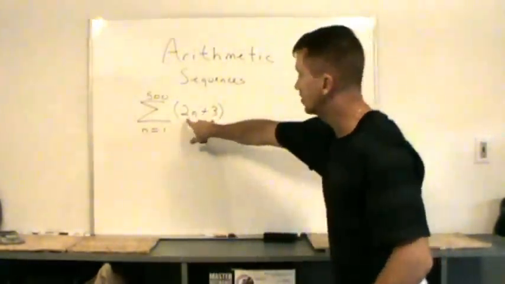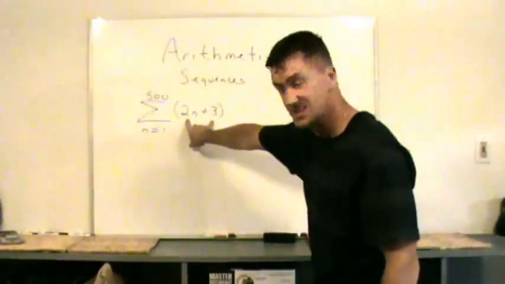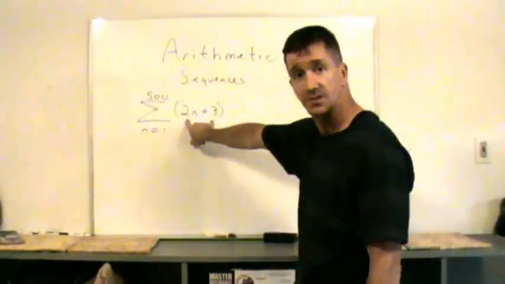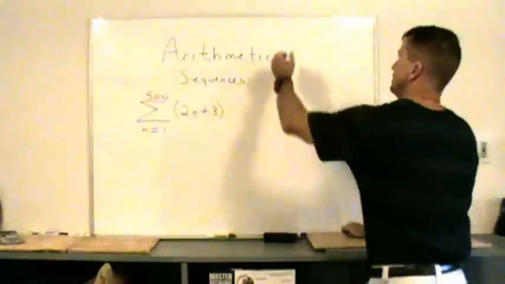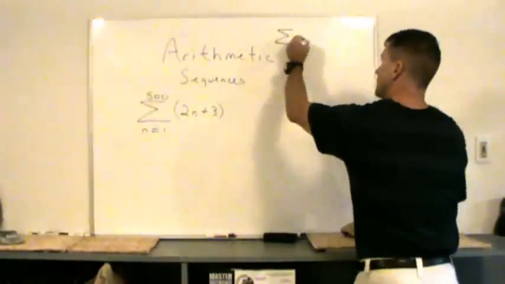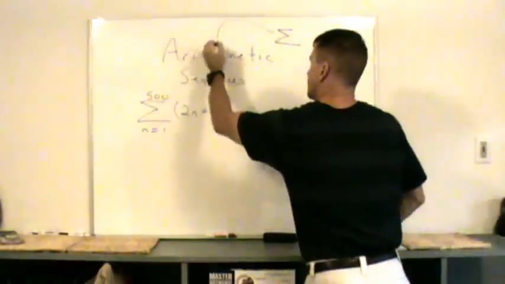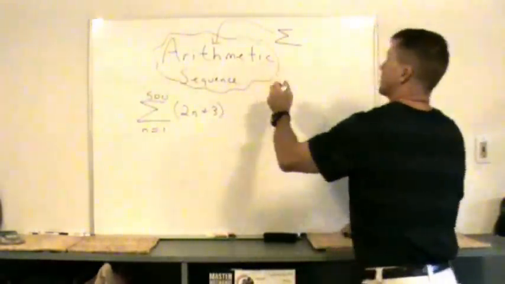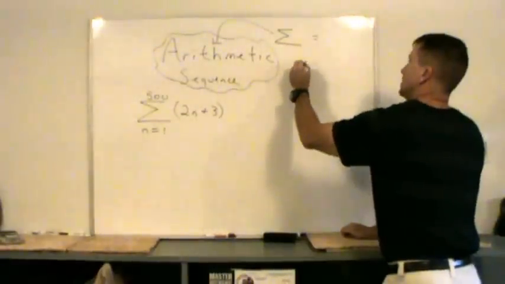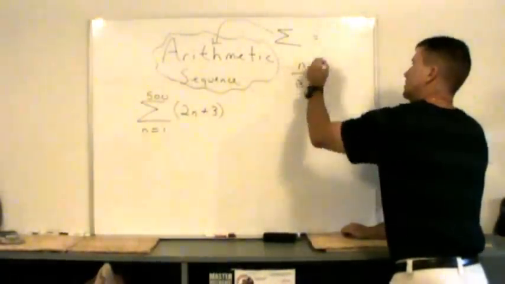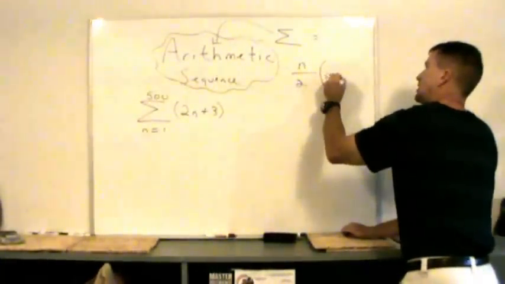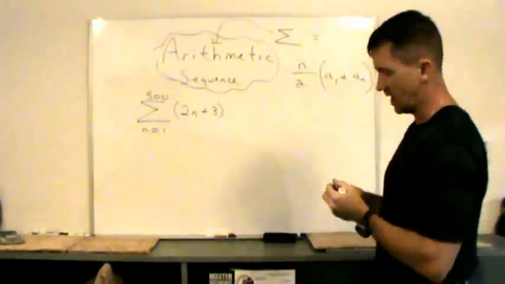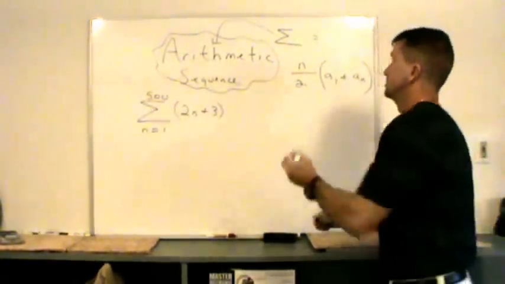There's a formula. Notice this is an arithmetic sequence right there, and there's a formula for summing the terms of an arithmetic sequence. If you need to sum the terms of an arithmetic sequence, the formula is n over 2 times the quantity first term plus the last term, where n represents the number of terms.